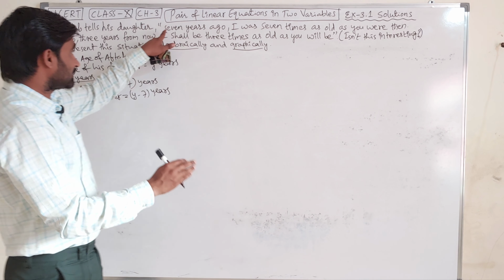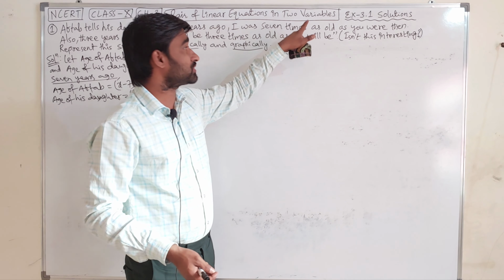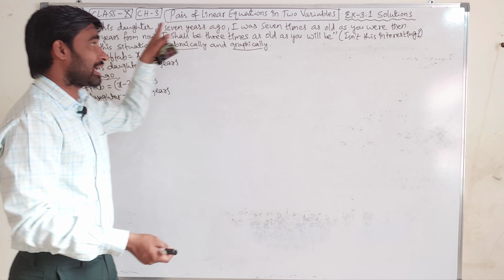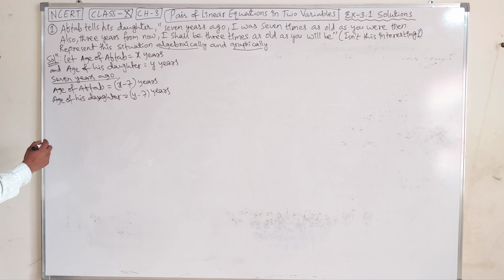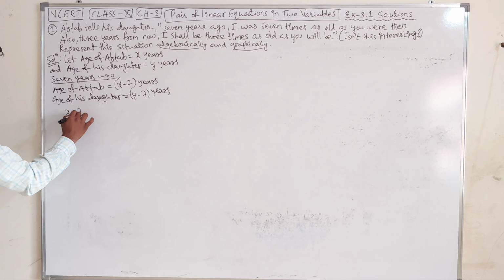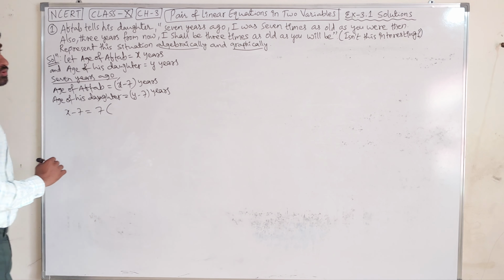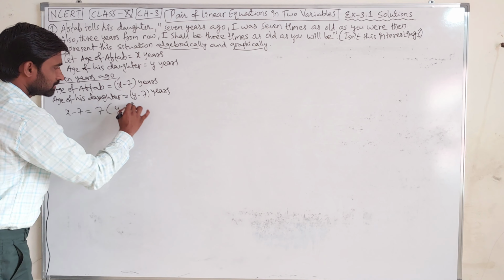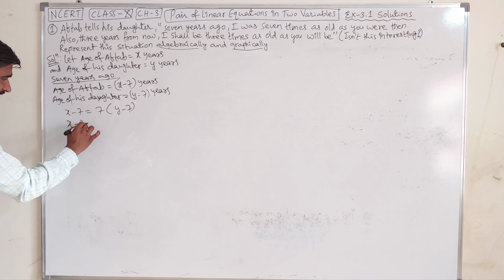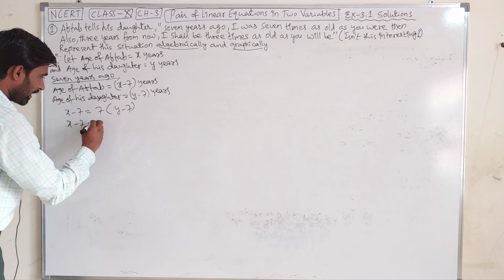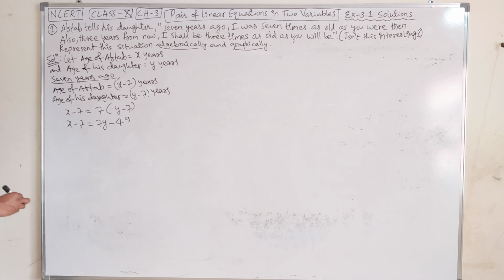But the condition क्या दिया है, 7 years ago, 7 साल पहले, I was 7 times as old as you. So our equation will be x minus 7 equal to 7 times y minus 7. Now simplify this. x minus 7 equals 7y minus 49.